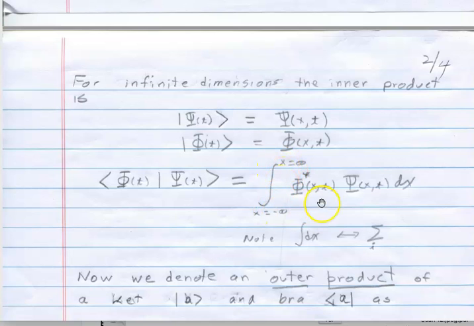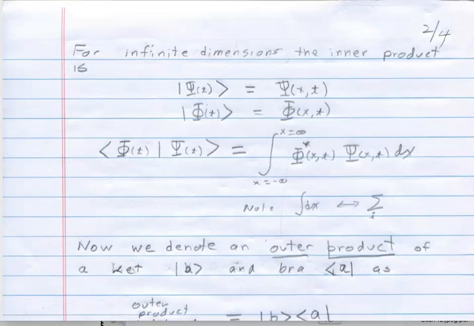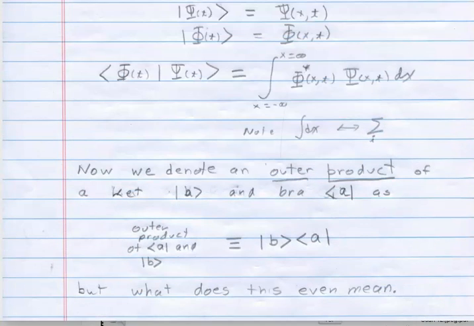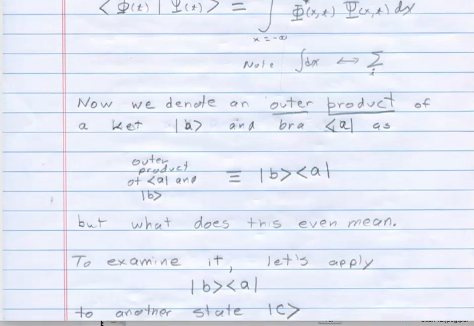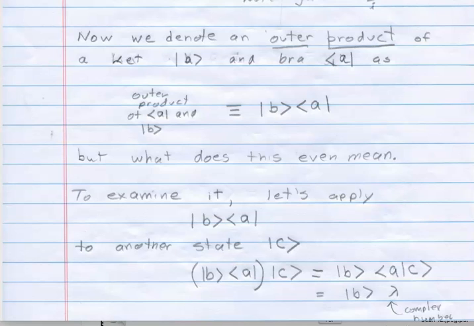It's the sum over all the components of the first one complex conjugated and the second one as it is. Notice the summation over i for the discrete case turns into this integral. That's a synopsis of a lot of the things we've done previously.